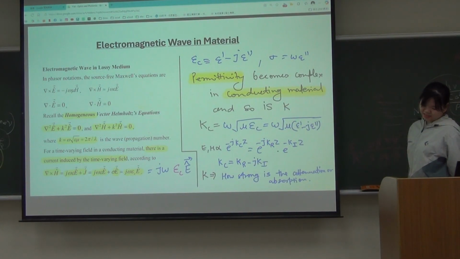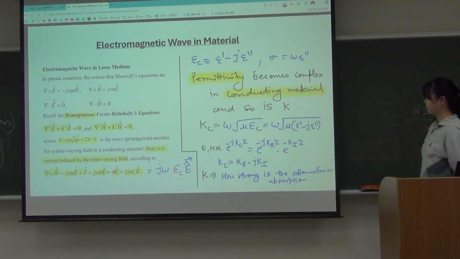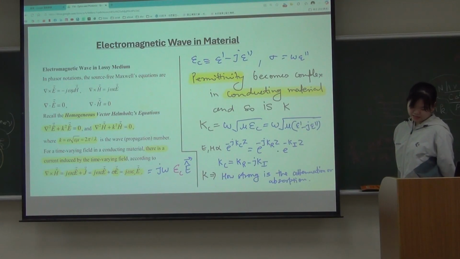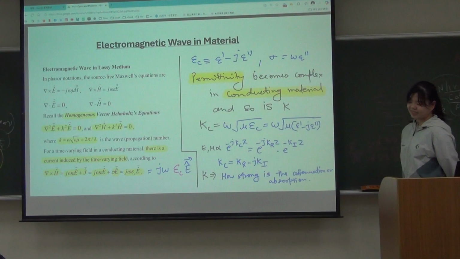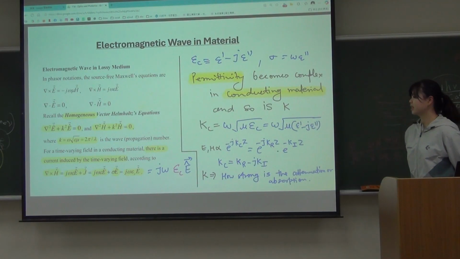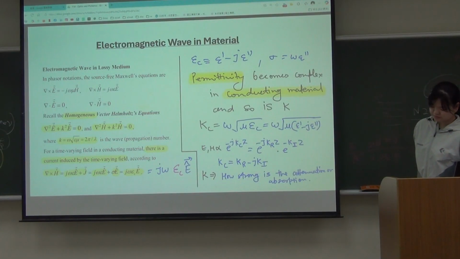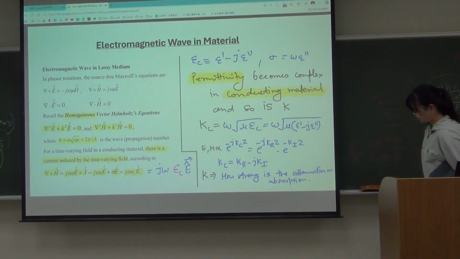Such as a conductor, the finite conductivity causes the wave to experience attenuation, meaning that its amplitude decreases as it propagates due to the energy dissipation as heat, and the electromagnetic fields in such a medium satisfy the homogeneous vector Helmholtz equation, and k is the wave propagation number, accounting for the phase propagation and the attenuation.